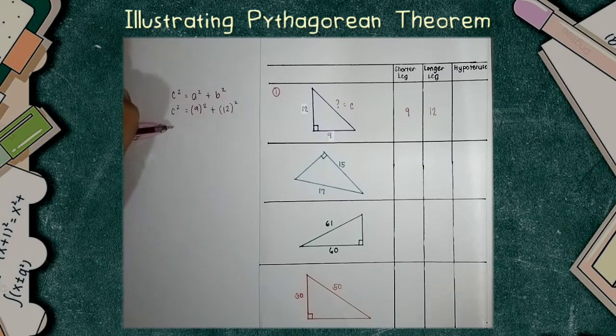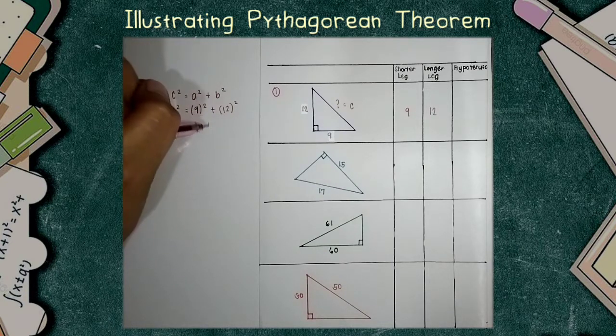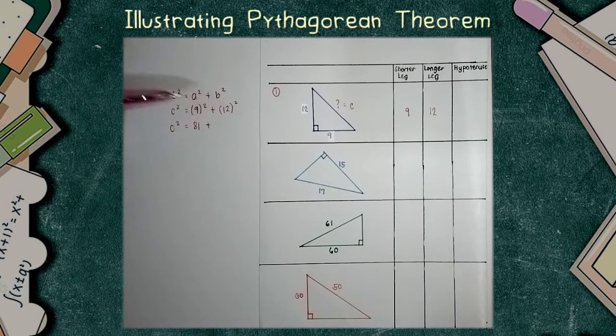So, C squared equals 9 times 9 ay equals to 81 plus 12 times 12 ay equals to 144. So, C squared equals 81 plus 144, which is 225. So, C squared is equals to 225.